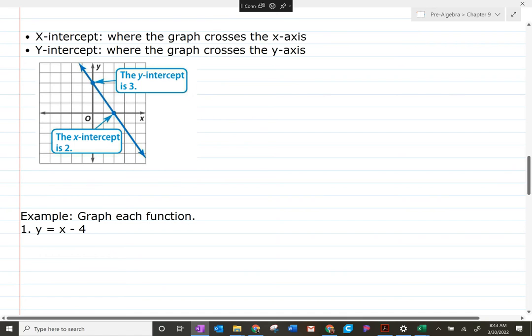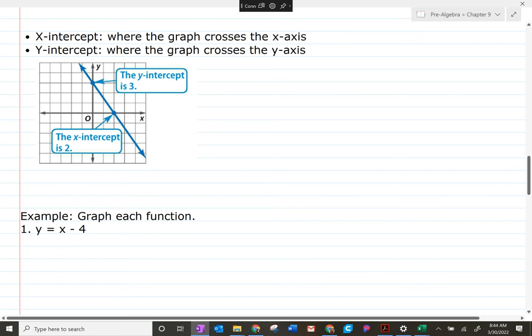So here's the way to remember it. The x-intercept is going to be where it crosses this line, the x line, the line that goes side to side. So the x-intercept is where it crosses the x-axis. When we say axis, that is when that number stands for 0. The y-intercept is where it crosses the y-axis.